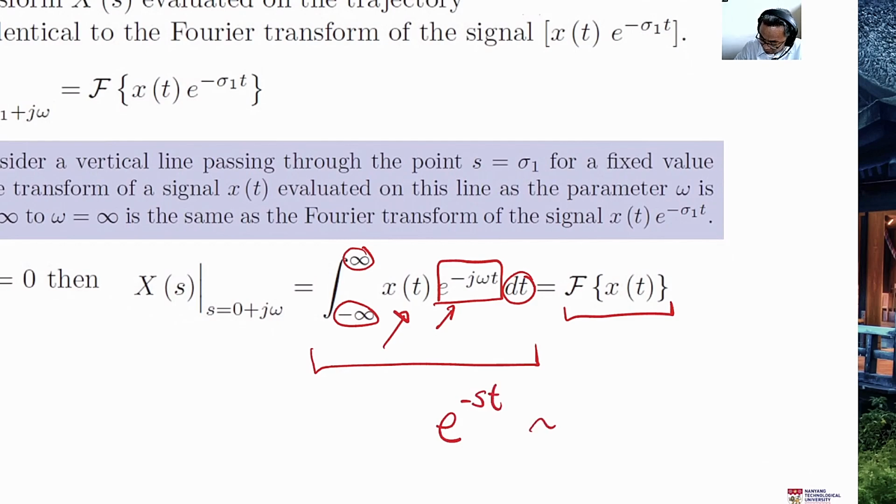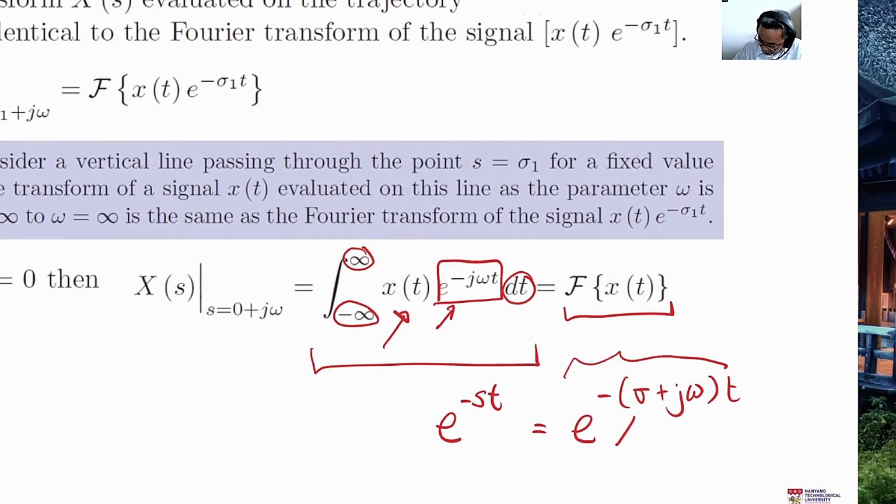And if we remember, s is equal to sigma plus j omega, and then there's a t here. So in fact, this equation looks very much like the Fourier transform.